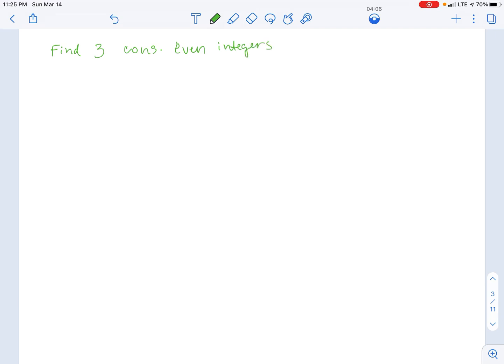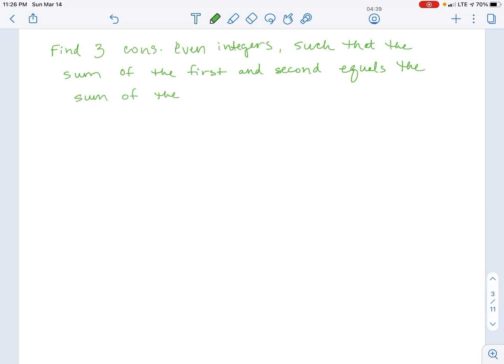And I'm going to write this out because I want us to be able to dissect this like we were the ones in Lesson 76, such that the sum of the first and second equals the sum of the third and -10.